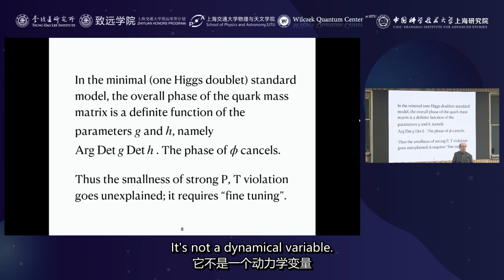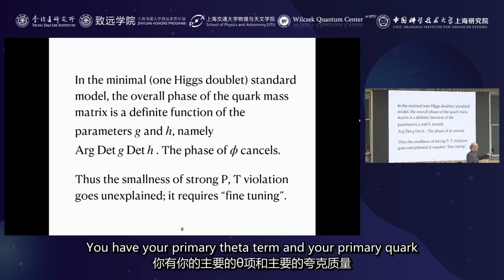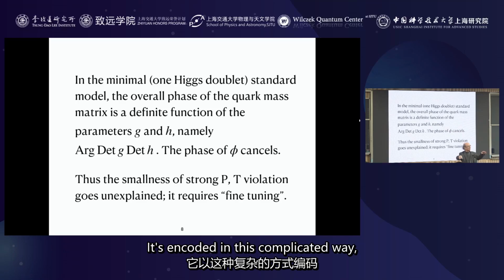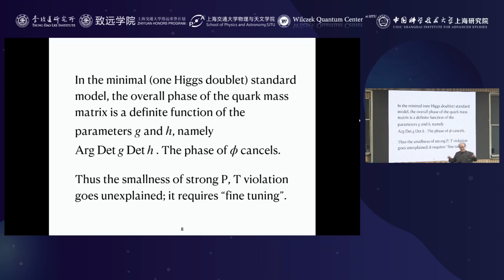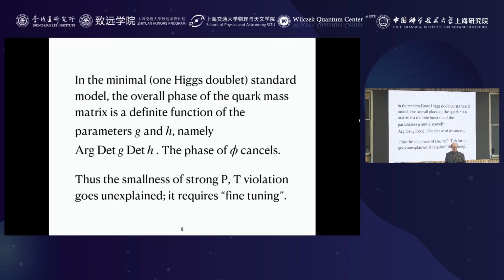It's not a dynamic variable. So you have your primary theta term and your primary quark mass matrix phase. It's encoded in this complicated way, but at the end of the day it is a fixed function of the primary parameters.